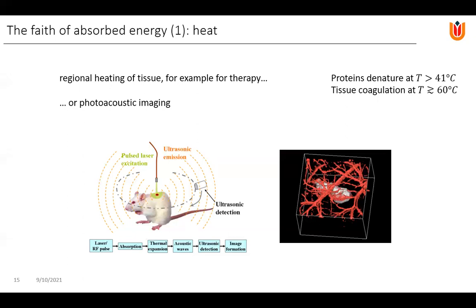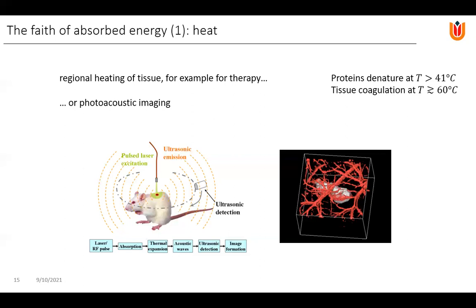And so that means that again the most likely absorber in tissue is going to be either water or blood. Specifically, have that water or blood heat up, expand a little bit, generate an ultrasonic signal, and detect that. And then, for example, in this case for blood, you can map the vascular structure.